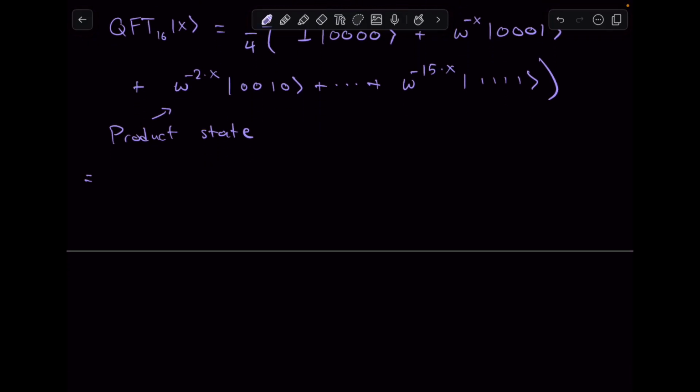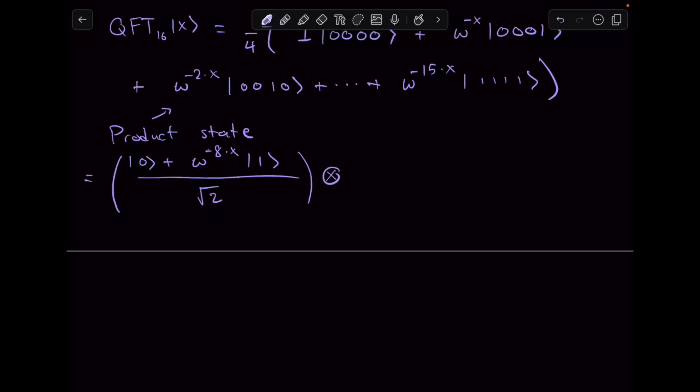In particular, it's this product state. So for the first qubit, it's going to be 0 plus the 16th root of unity to the power of minus 8 times x, 1 over root 2. So it's this superposition.